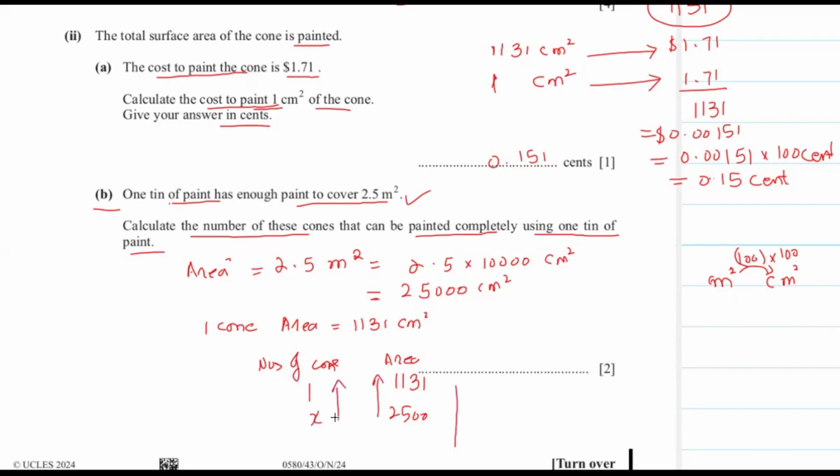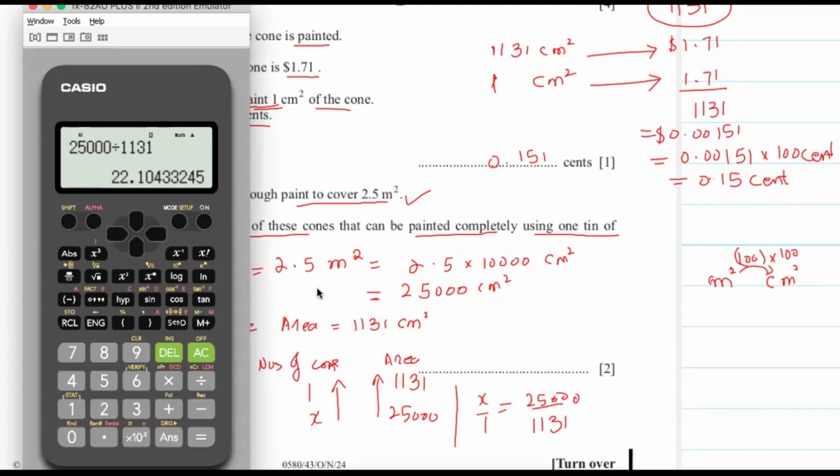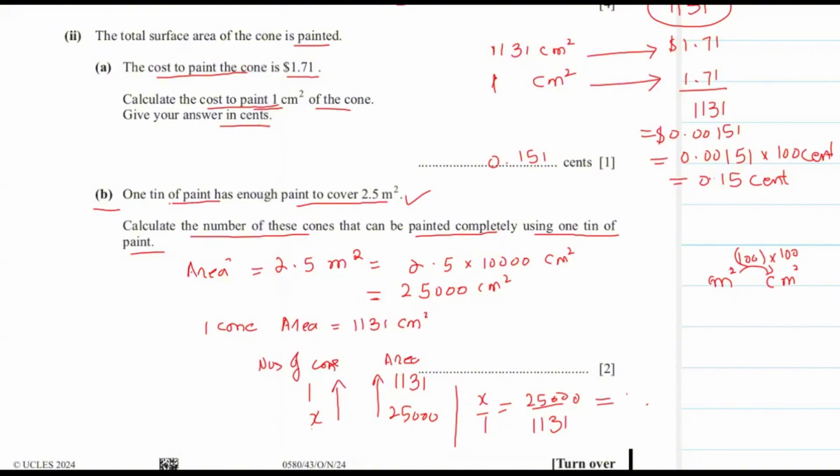In this method, we take the ratio x over 1 equal to 25,000 over 1131. Look here, 25,000 divided by 1131 is equal to 22.1. Therefore, 22 cones can be painted from the 1 tin of paint. And this is the answer.